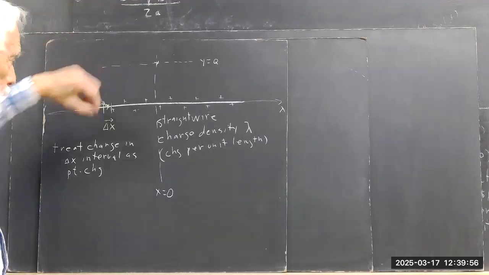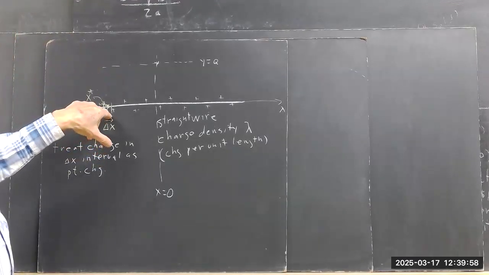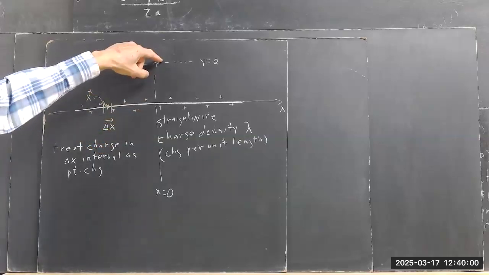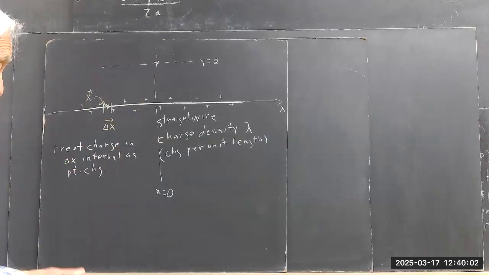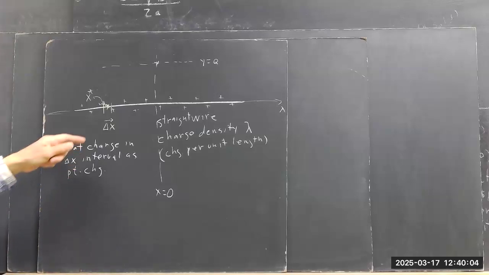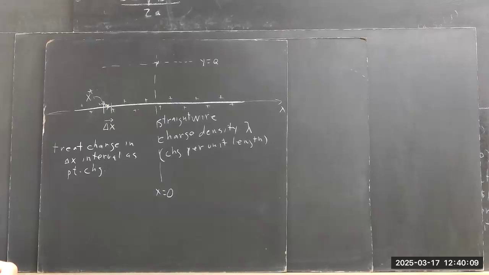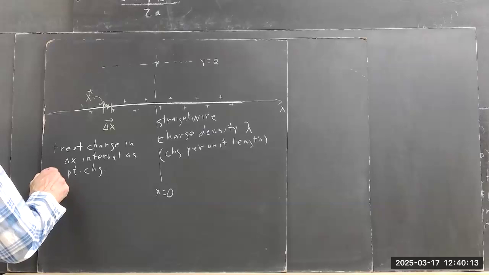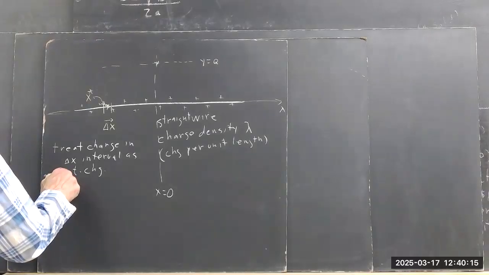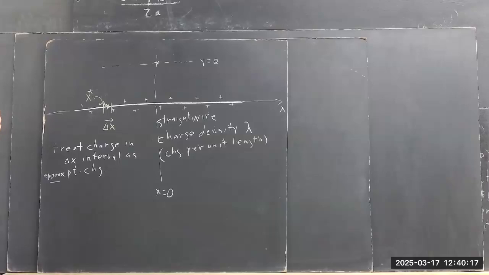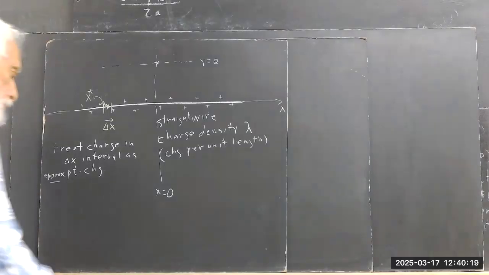We're going to get an approximate result for the field due to this charge at this point. So we're going to treat it as a point charge, an approximate point charge.